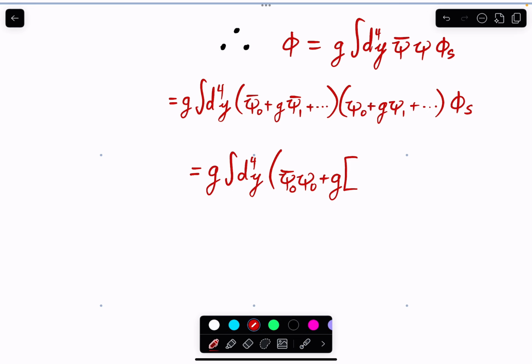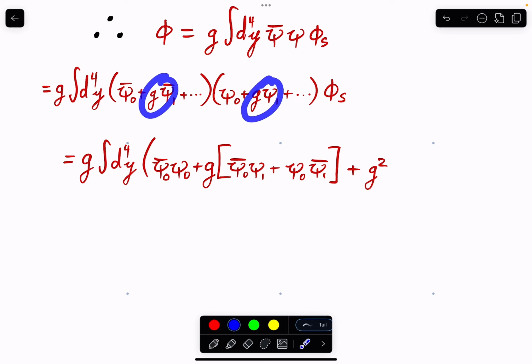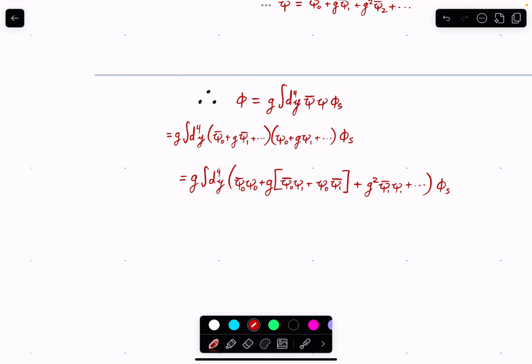So we end up with psi naught bar psi 1 plus psi naught psi 1 bar. And then we're going to have G squared. The only term that will give G squared is this times this. So we end up with G squared psi 1 bar psi 1. And then it keeps going, phi s.